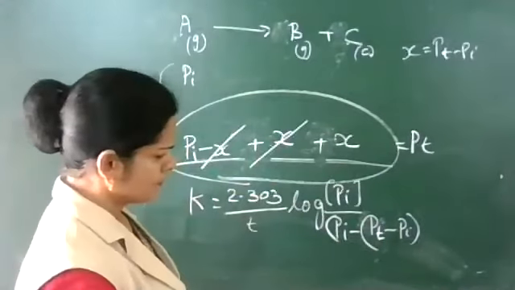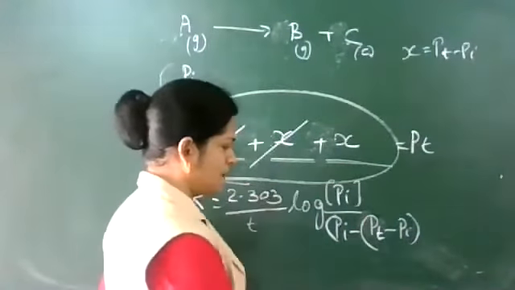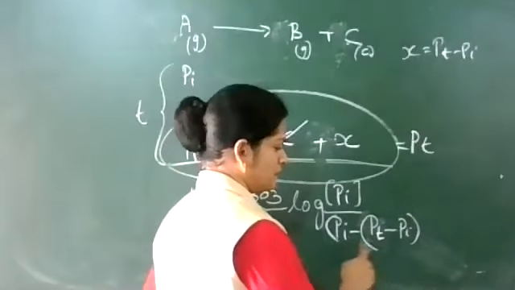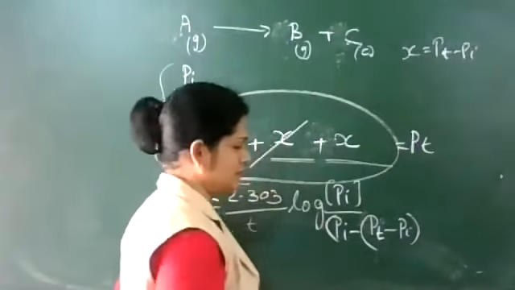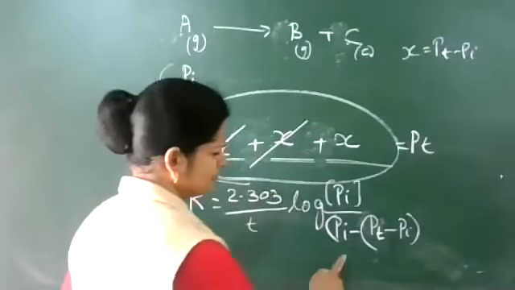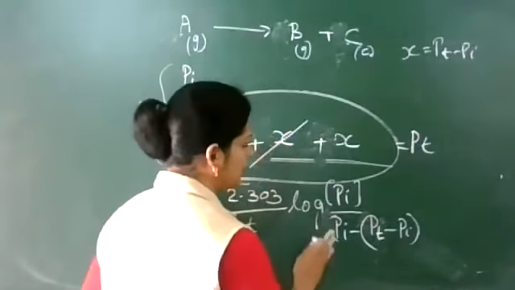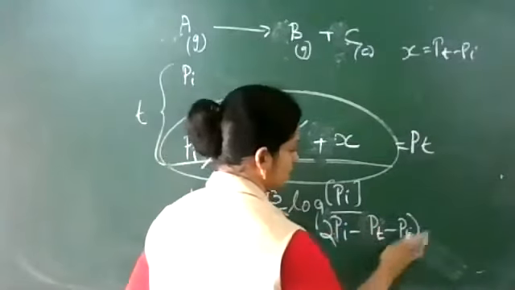Now you see, everything is in our hands. Pi we can measure, Pt we can measure. So Pi minus X becomes Pi minus Pt plus Pi, that means 2Pi minus Pt.